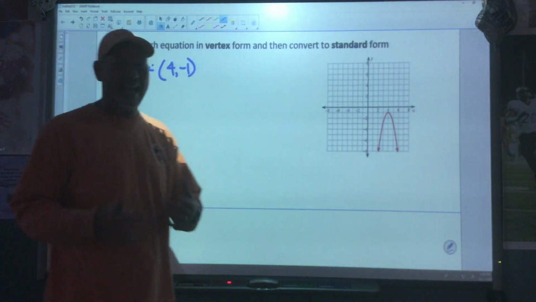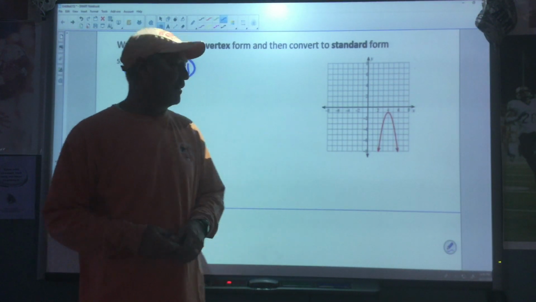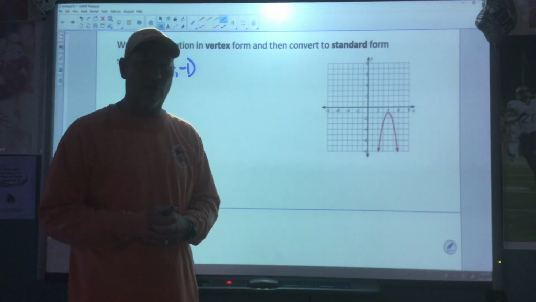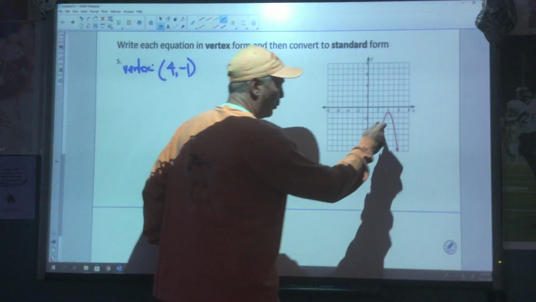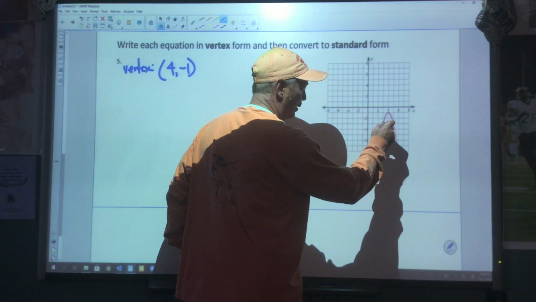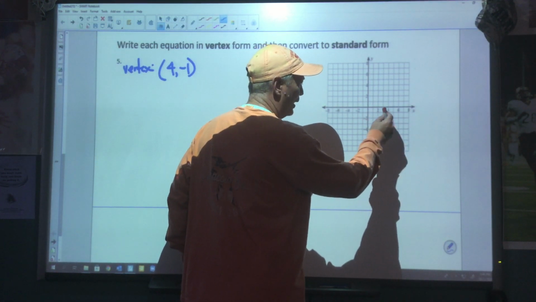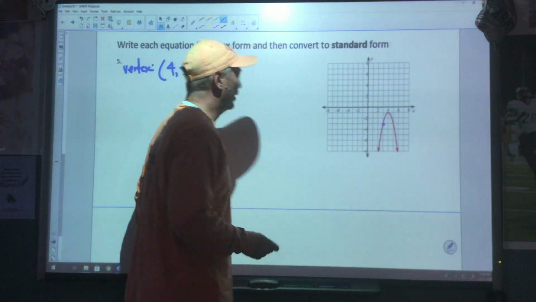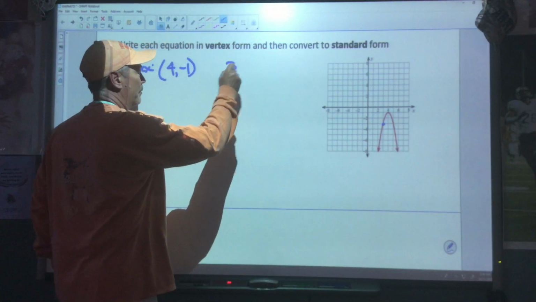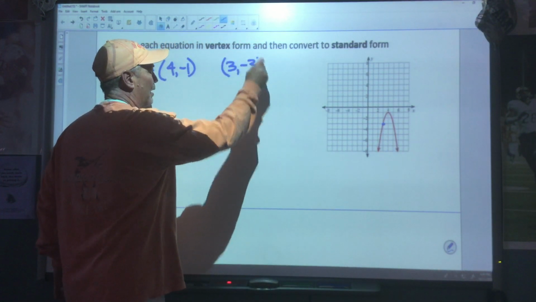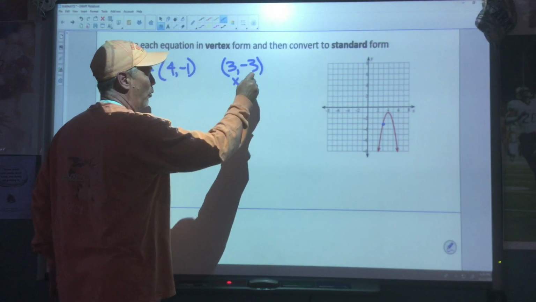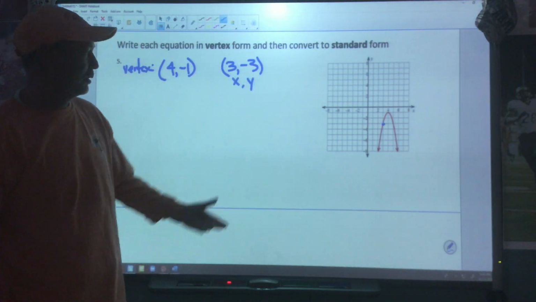To help me find my a value, I need to find a point that the graph goes through. And this point right here, at 3, 1, 2, 3, at (3, -3), it goes through that. It passes through that point, okay?